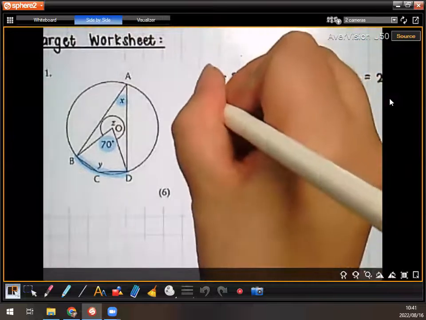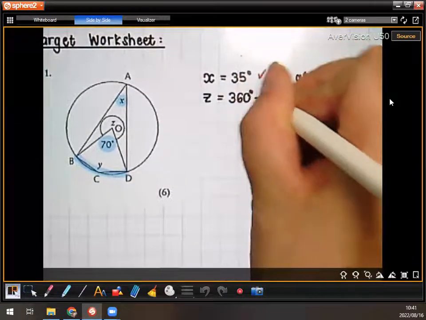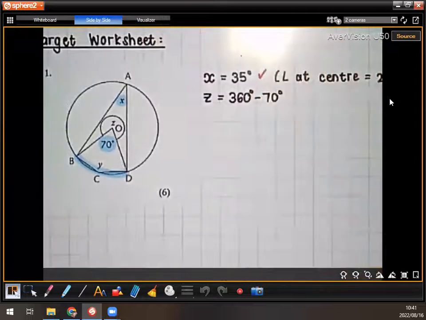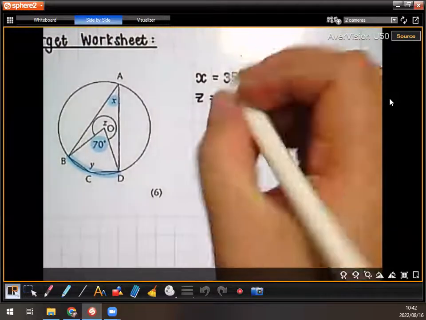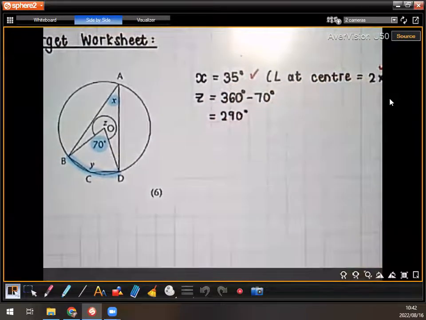So Z is going to be equal to 360 minus 70. You don't have to write that calculation, but just for the note, let's write it down so that you know exactly what we did. So that is going to give you an answer of 290 degrees.